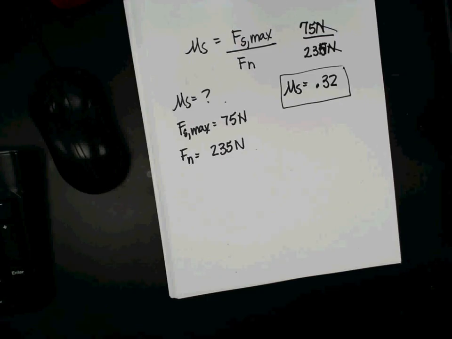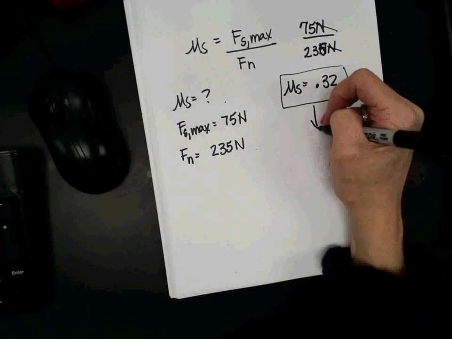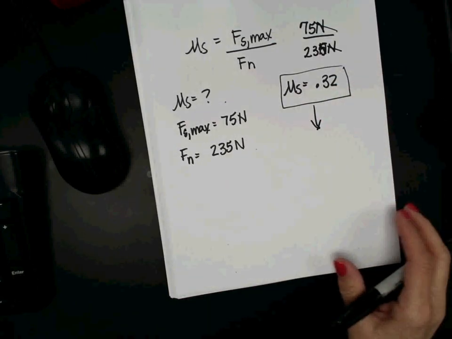I could go back then and ask you to figure out what this surface is made of, and you would use your card and figure out what 0.32 is close to on your card. I don't know if that's one that we put on your card. Probably the closest one to 0.32, if I look at mu s, is the 0.25 to 0.5, which is wood on wood.